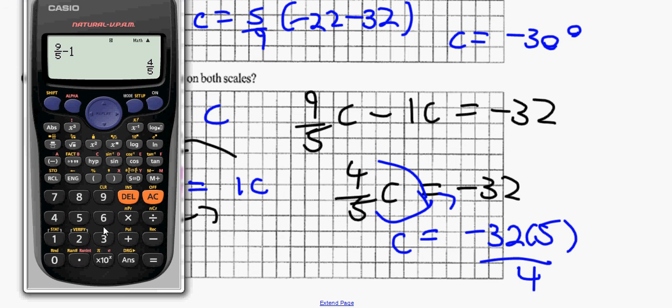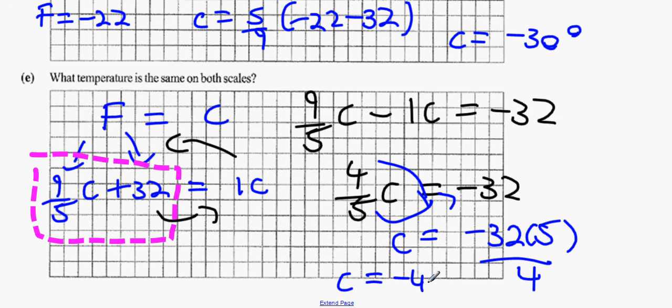Okay, so minus 32 multiplied by 5 divided by 4, and we find out it's minus 40. So C equals minus 40. This means that minus 40 Fahrenheit equals minus 40 Celsius.